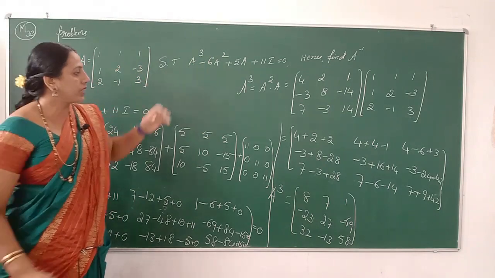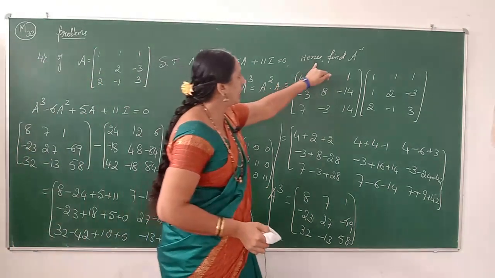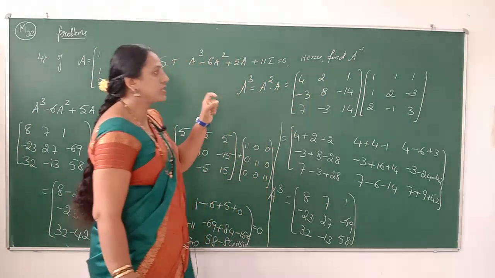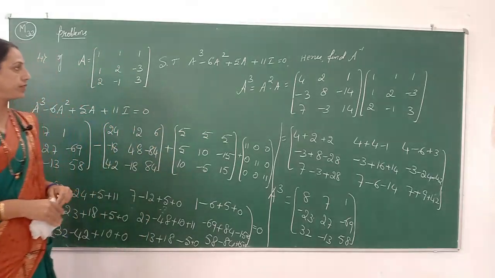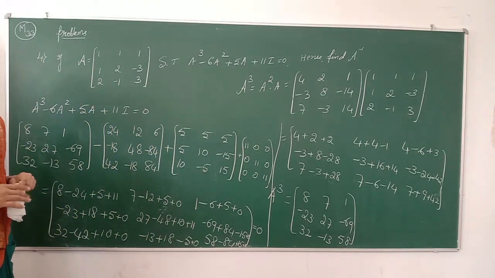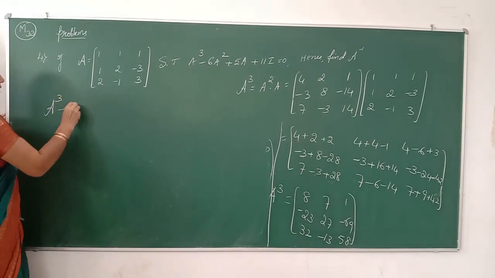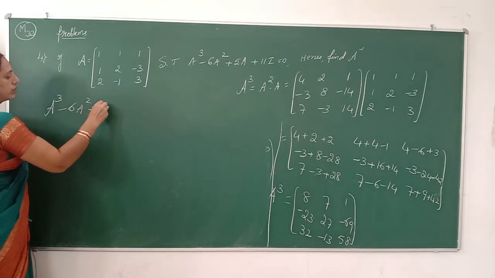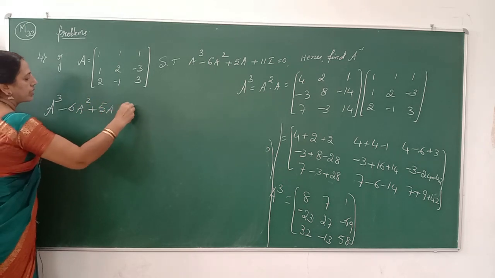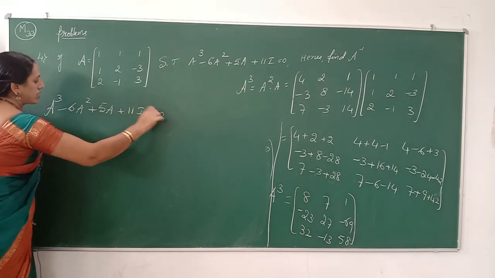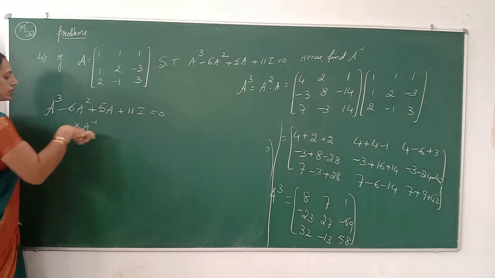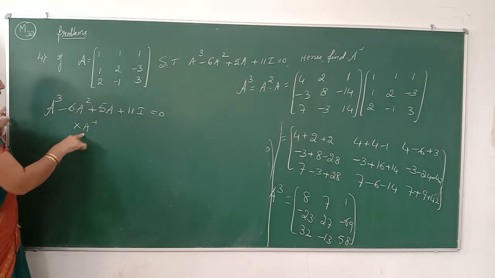Then by using that equation we find the inverse of the matrix, that is A inverse. Now consider A cube minus 6A square plus 5A plus 11I is equal to 0. We multiply the equation by A inverse.